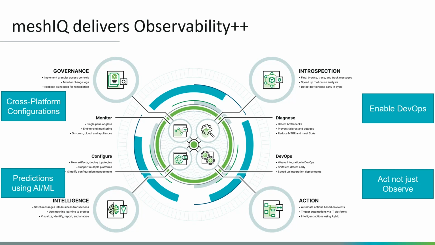We add to that general platform Observability Plus, which covers things we're going to talk about today: cross-platform configuration, enabling DevOps, acting, not just observing, and then of course prediction. All of those are part of the mesh. We are going to focus today on the governance and introspection angles of the mesh.